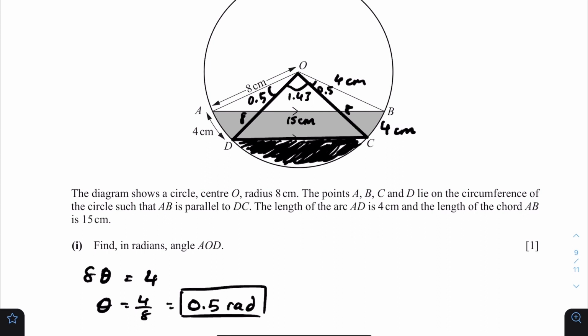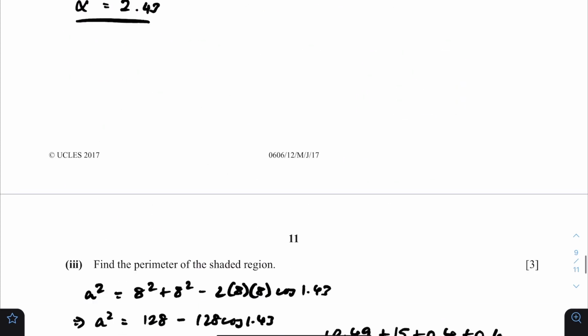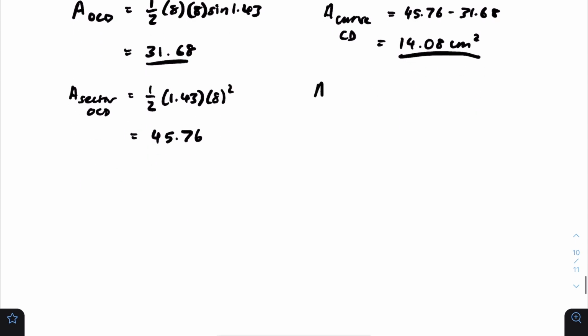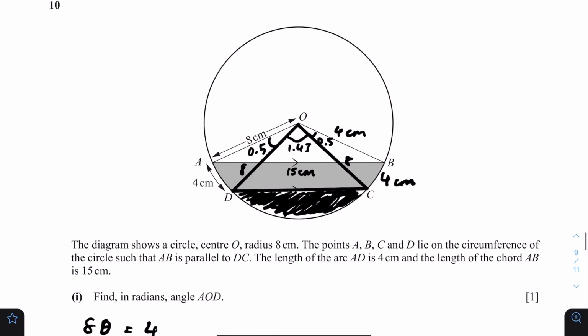The way we can do this is we can find the area of triangle AOB, find the area of the sector AOB, then subtract the area of the triangle from the sector, which gives us this portion over here, and then subtract the shaded area from that. So the area of triangle AOB, the total angle at O is 2.43.